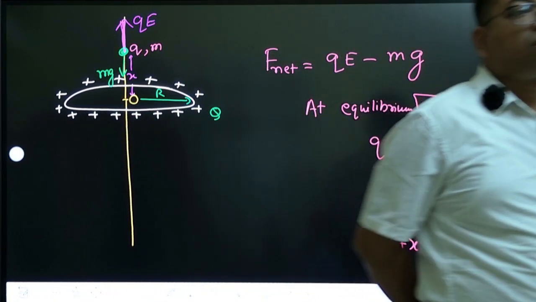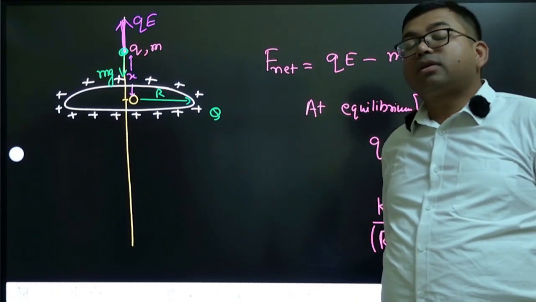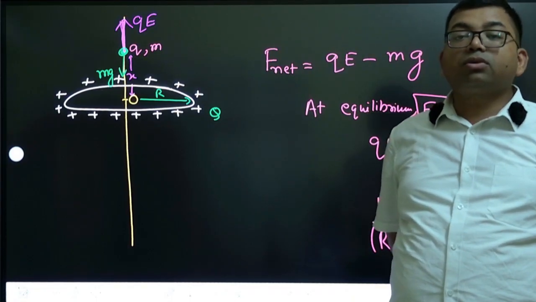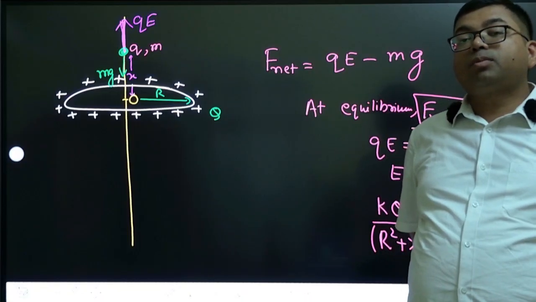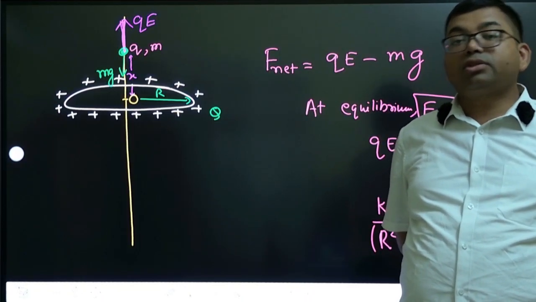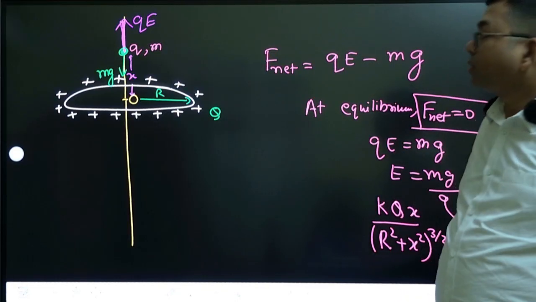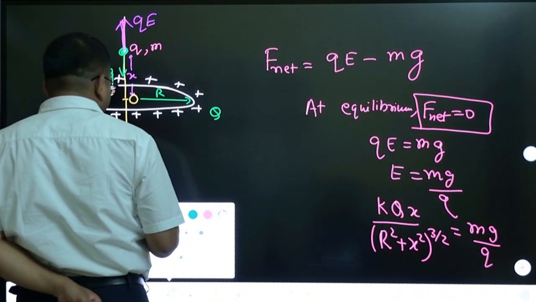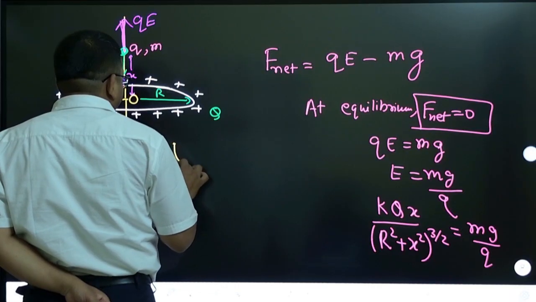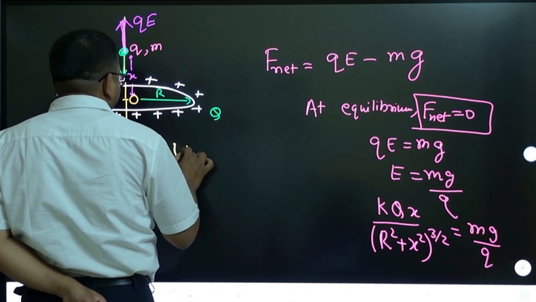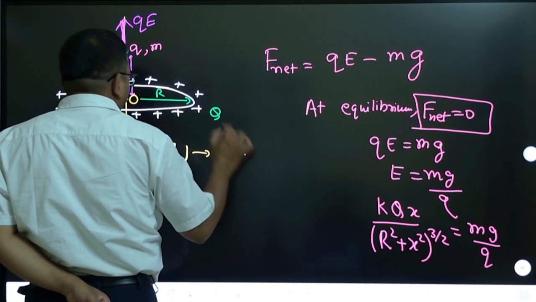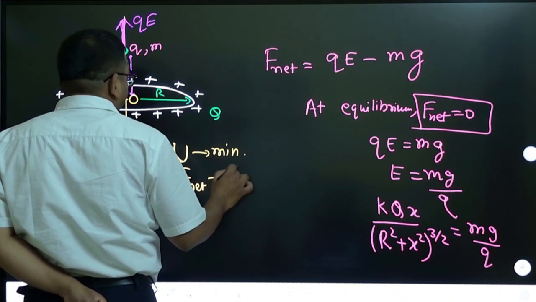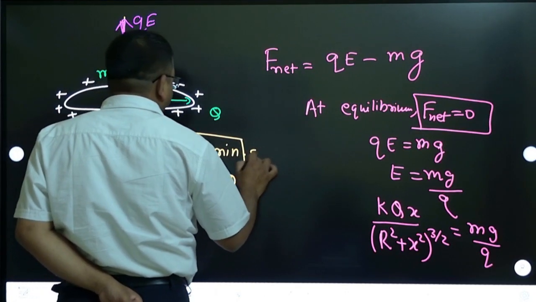I think we need to think of the concept of potential energy, because first of all force has to be zero, and another is potential energy should be minimum. That is the condition. Potential energy U has to be minimum, and net force also has to be zero. This is the condition for stable equilibrium.